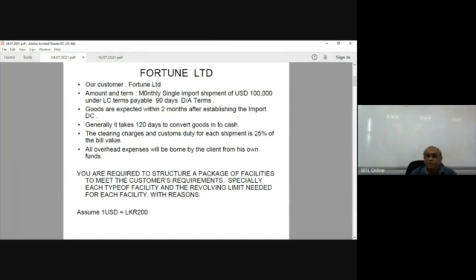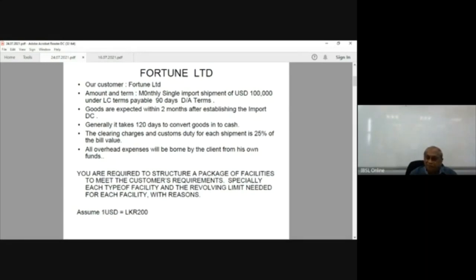The amount and term he is importing on a monthly basis: monthly single import shipment of $100,000 under LC terms payable 90 days DA. Right? Every month he is importing $100,000, 90 days DA.